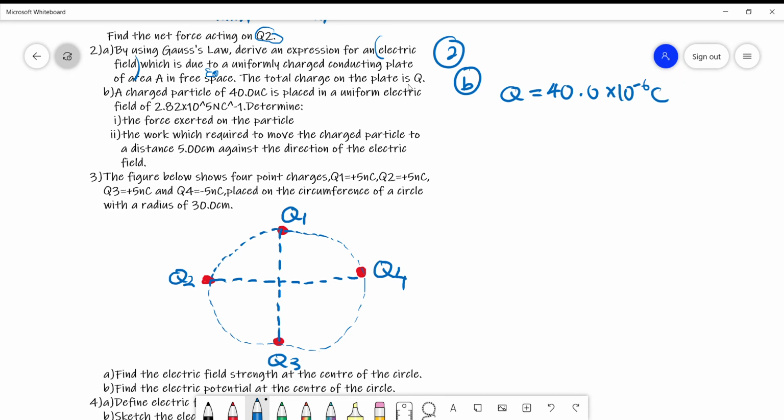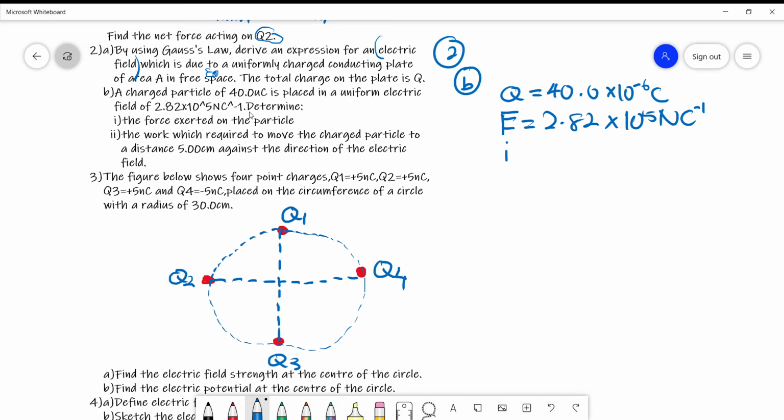My electric field is equal to 2.82 times 10 to the power 5 newton per coulomb. Let me check the magnitude whether it is correct. Yeah, the magnitude is correct. Find the force exerted on the particle.